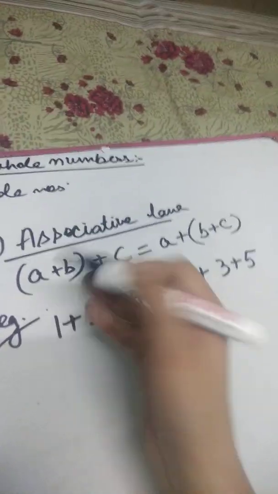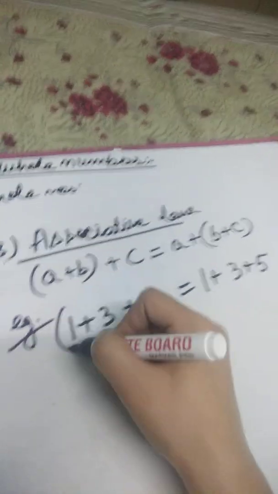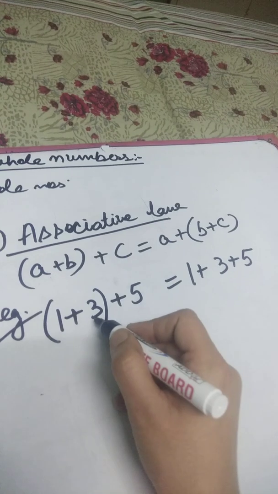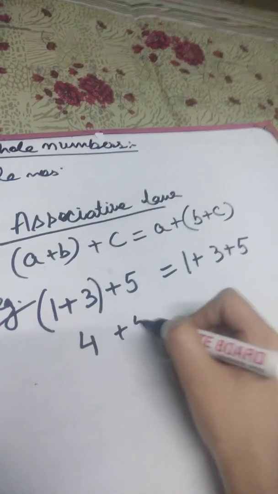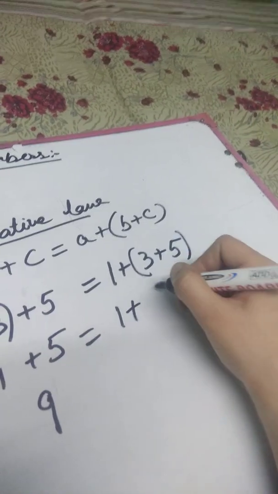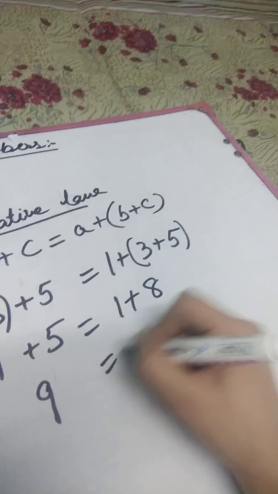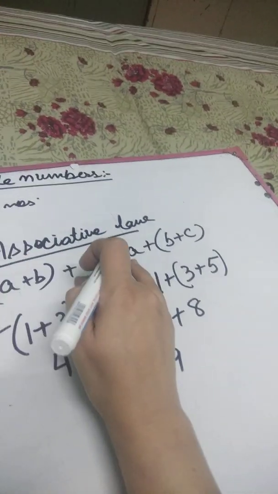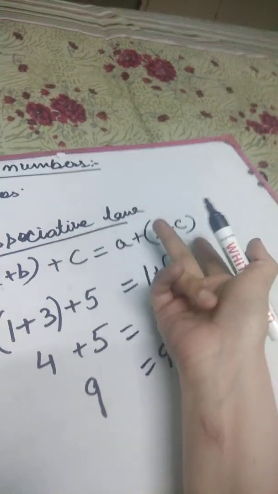Now I add. On the left side I add the first two numbers first, and I get 4 plus 5, that is 9. Now here let me add the last two numbers. I get 9 here also. So this means when three numbers are there, the way we group the addition can change.